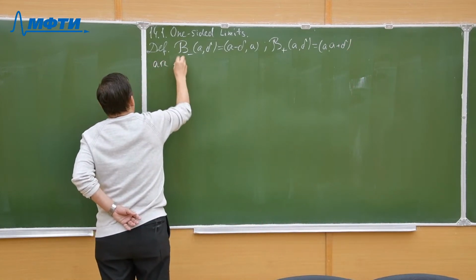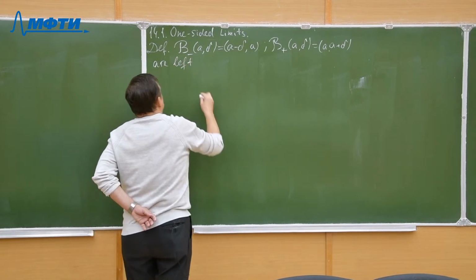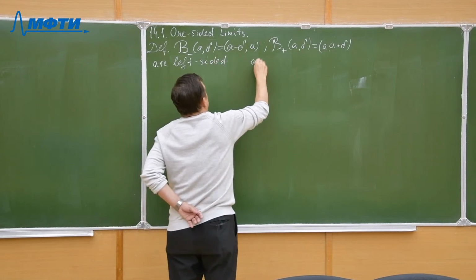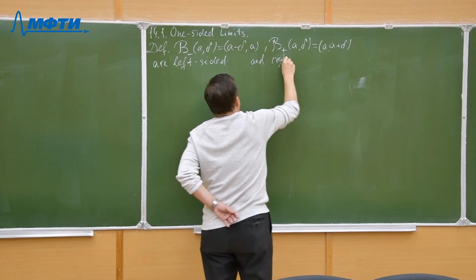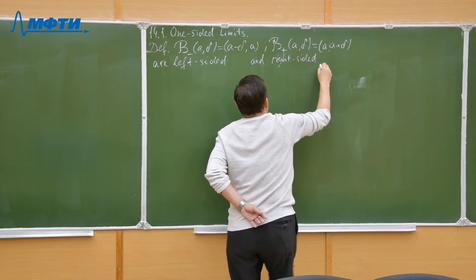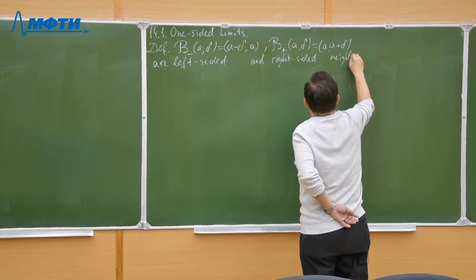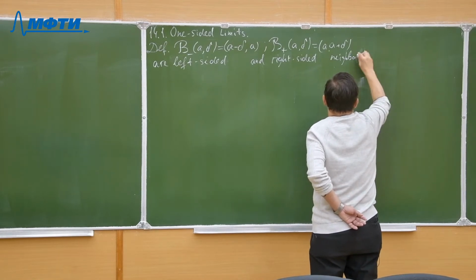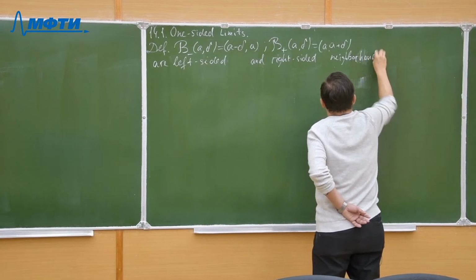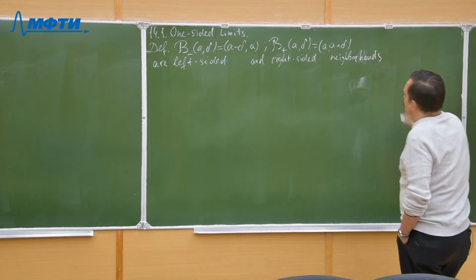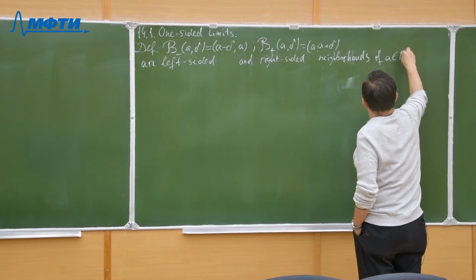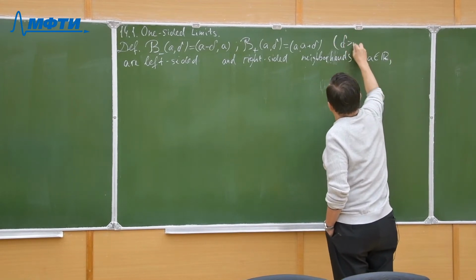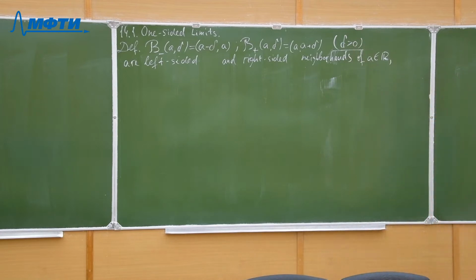These are left-sided and right-sided neighborhoods of a, and of course here we suppose delta greater than 0.